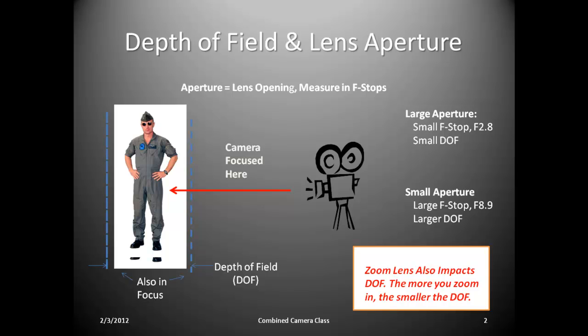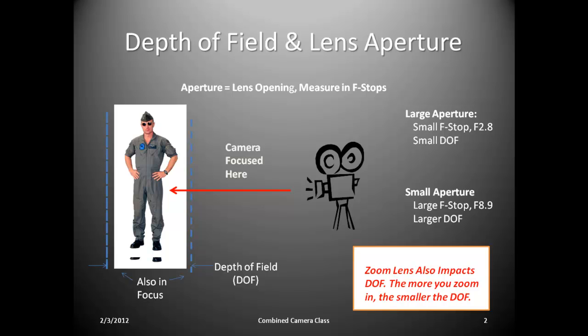Now in reality though, when you focus say right on his nose, there's a little distance behind his nose, maybe behind his head, that's also in acceptable focus, and that's trying to be shown by the dotted lines there on the left. And there's also a little distance right in front of his nose that any subject at that point would also be in acceptable focus.